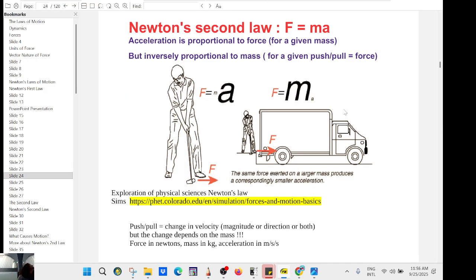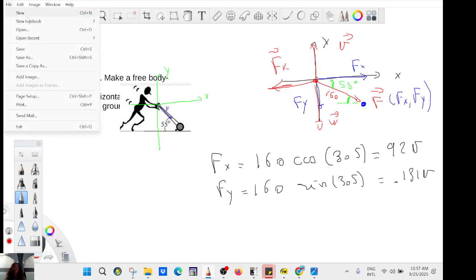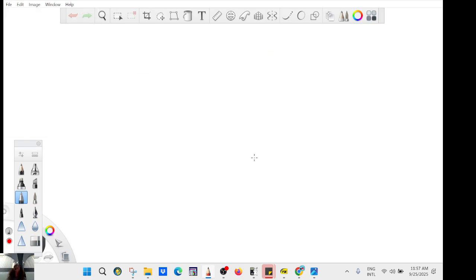And then you have Newton's second law, right? So Newton's second law was written this way. Remember, the Principia is the most important book in physics. It was written by Isaac Newton.